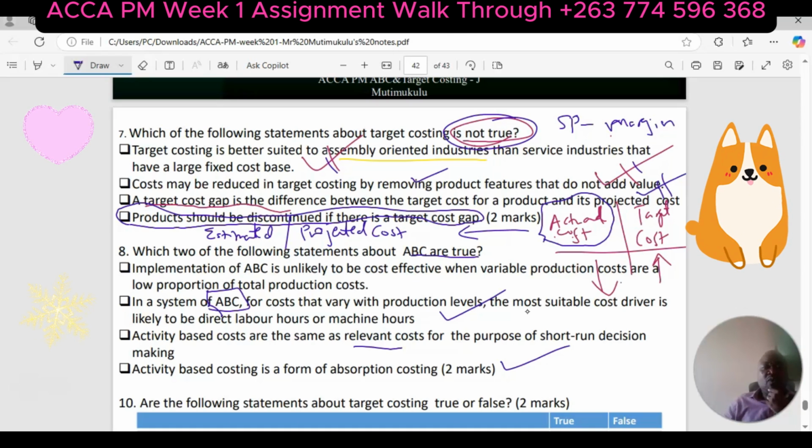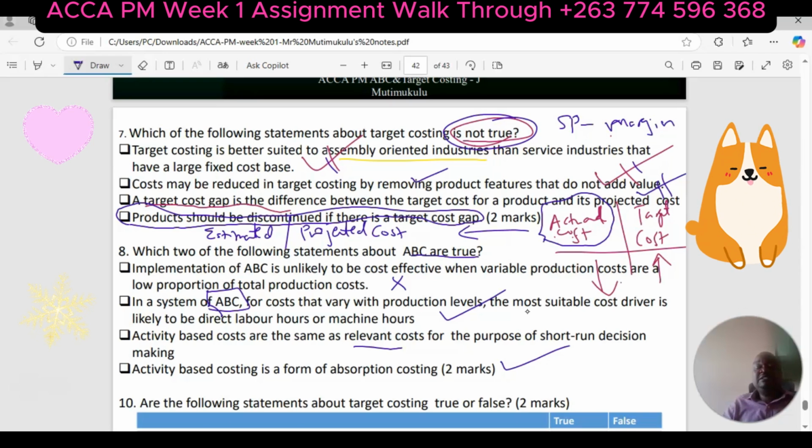All right, so why is the first one wrong? Implementation of ABC is unlikely to be cost effective when variable costs are a low proportion of total production cost. This one is wrong in the sense that when variable costs are low, it means overheads are large. In that case, we can see that generally absorption costing applies. And when we are saying absorption costing applies, it simply means that ABC is also included.